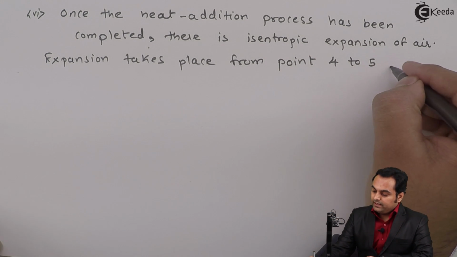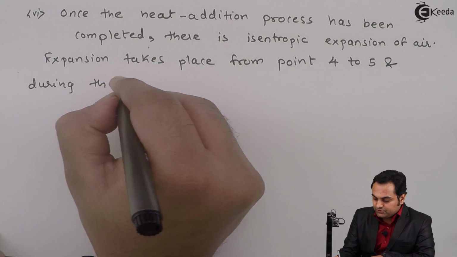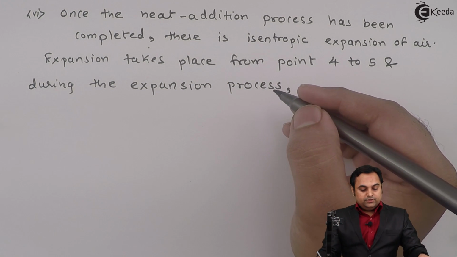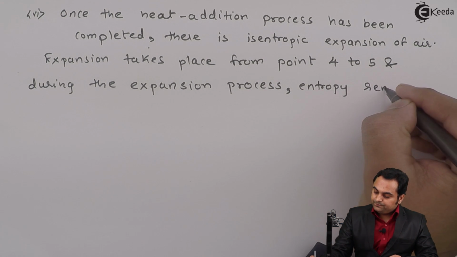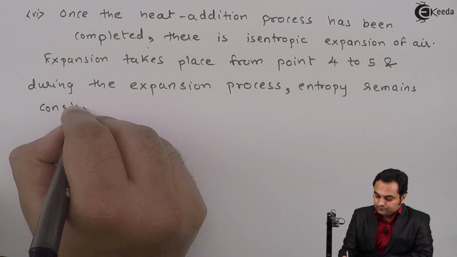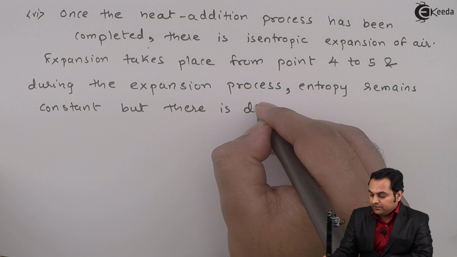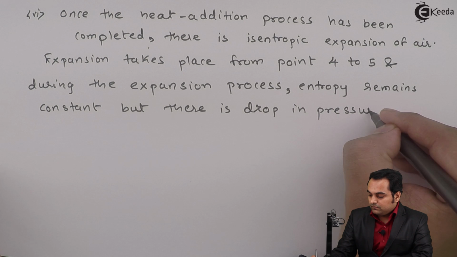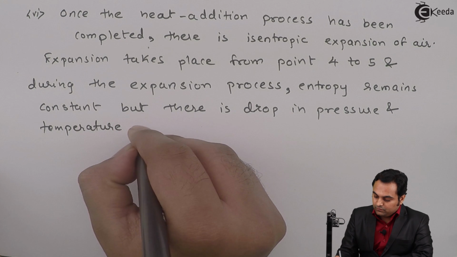and I can write down, and during the expansion process, here entropy remains constant, but there is a drop in pressure and temperature of air.